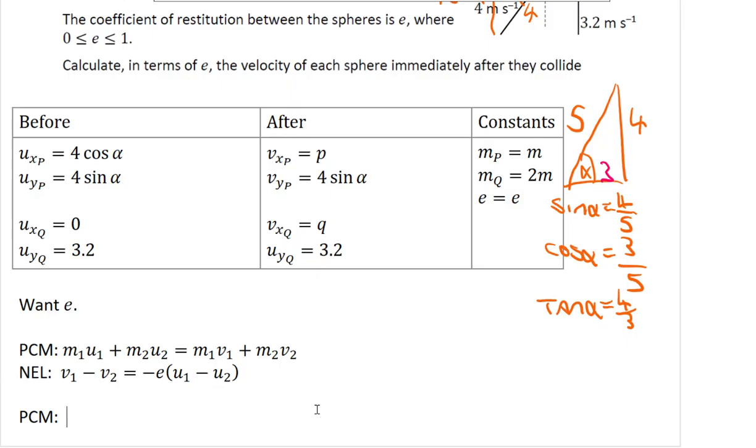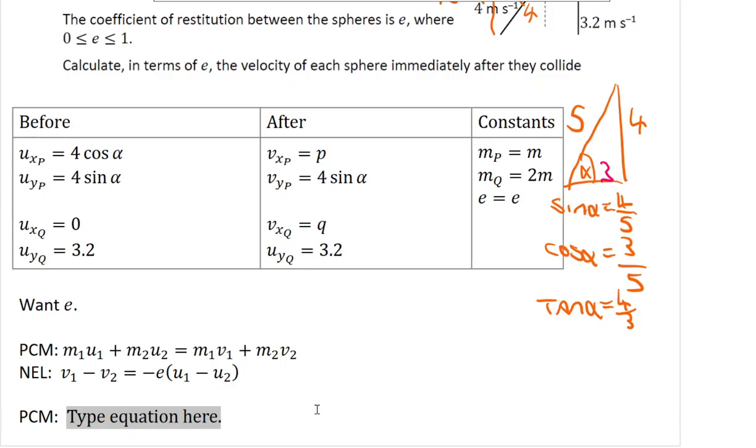You'll notice that everything in the Y is the same before and after, so that is not part of our PCM. Those are the things we don't include because they don't change. They are conserved by default. We want to find the things that we know have to be conserved, but we don't know what the values are, and that's the stuff in the X direction as I've put it.